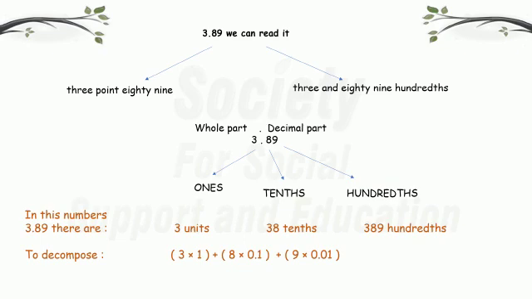Since 8 is a tenth, we multiply 8 by its place value, which is 0.1, plus 9 times 0.01. Why by 0.01? Because 9 is a hundredth, so we multiply 9 by its place value, which is 0.01. And we can write it as a fraction, so 3 times 1 plus 8 over 10 plus 9 over 100.